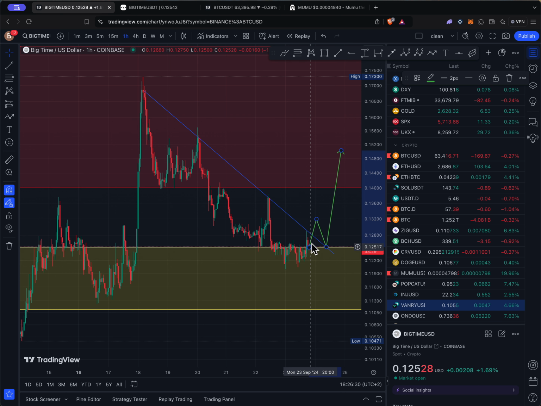The moment we break out and retest it, maybe we might not even retest properly here, we can retest here. But the retesting of this trend line, and Bitcoin cooperates and doesn't shoot down all of a sudden, this is the perfect entry for me.